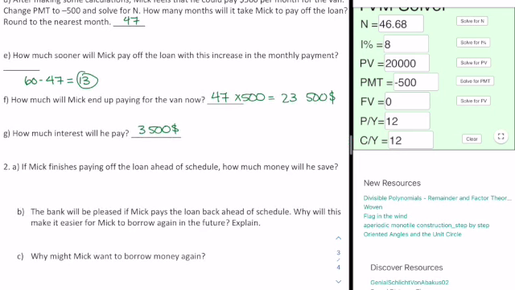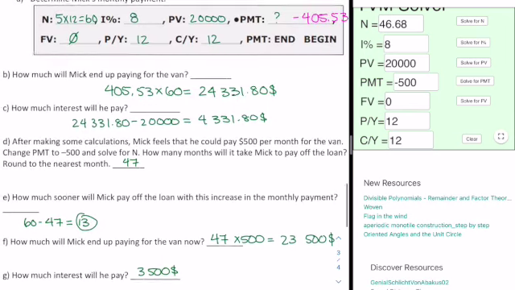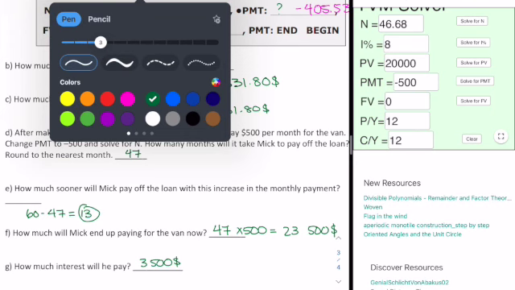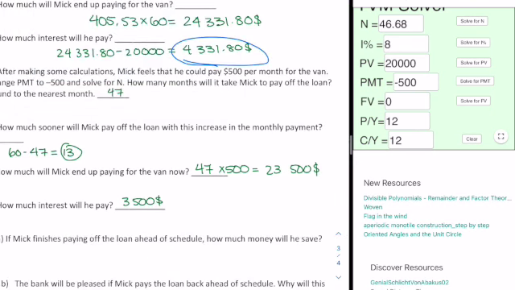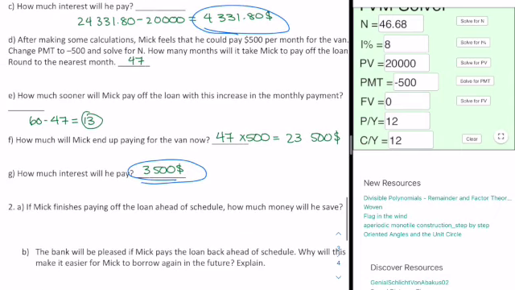If Mick finishes paying off the loan ahead of schedule, how much money will he save? So if he winds up doing this 500 thing, how much money is he saving versus just paying off with the 60 months? So we're going to go back and take this value, I'll use a different color, and compare it to this value right here.